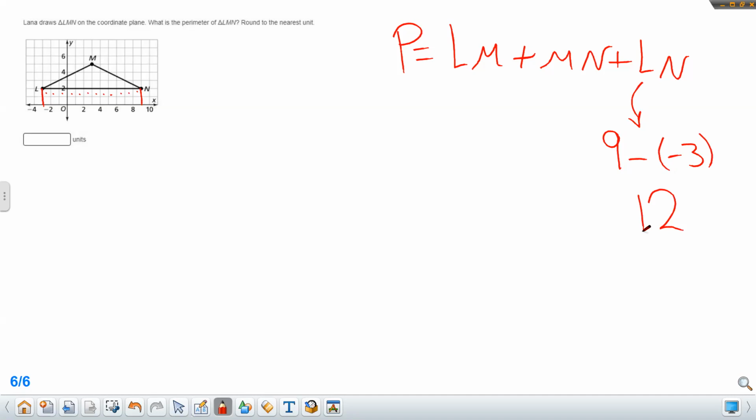But what about inclined ones, like LM and MN? How to find that? First, guys, you must make a right triangle. If you want to find LM, for example, I have to draw from M a perpendicular to LN. Why perpendicular? Because the Pythagorean theorem depends on a right triangle, just a right triangle.